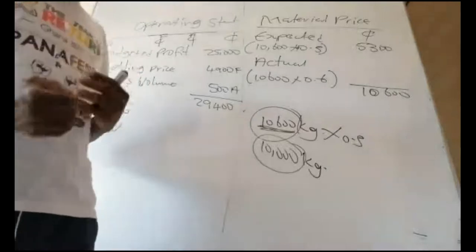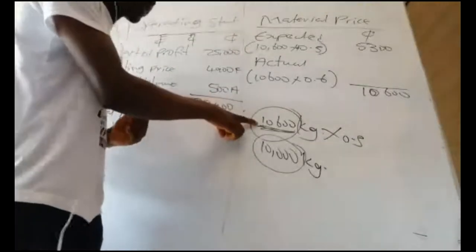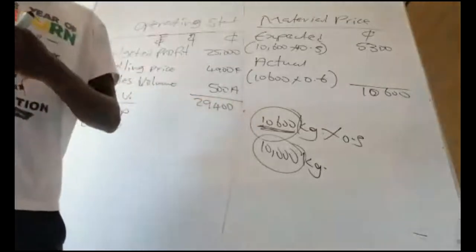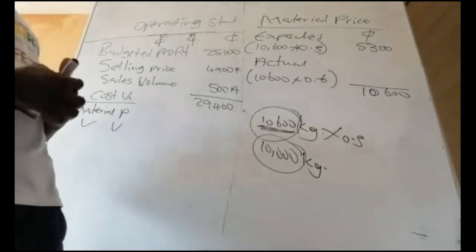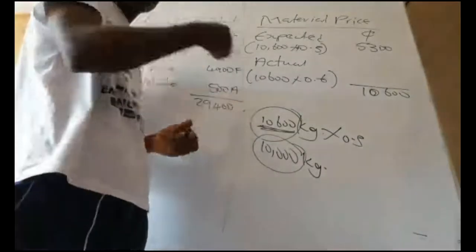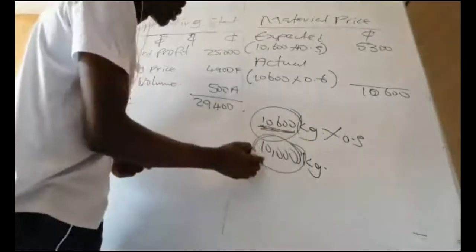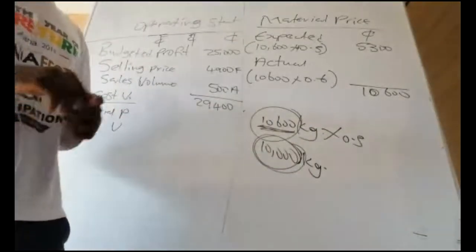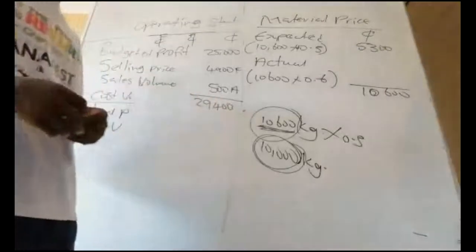So in terms of price, did we have favorable variance or adverse variance? So it must be on the actual quantity that we've acquired, because this 10,000 we've not acquired. It's the budget that we should go and buy. You have to use the actual unit.